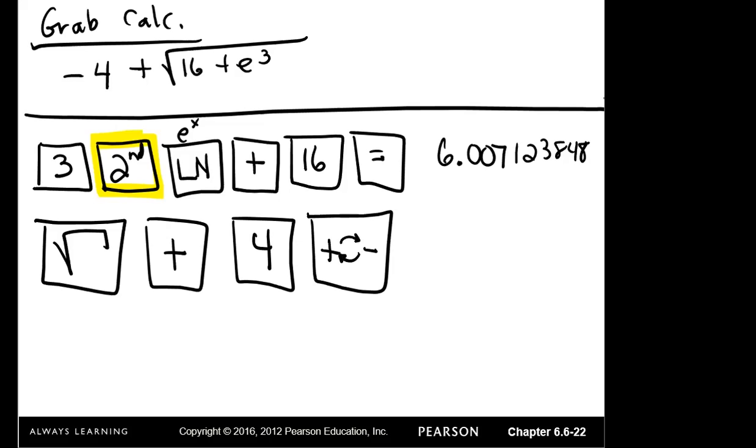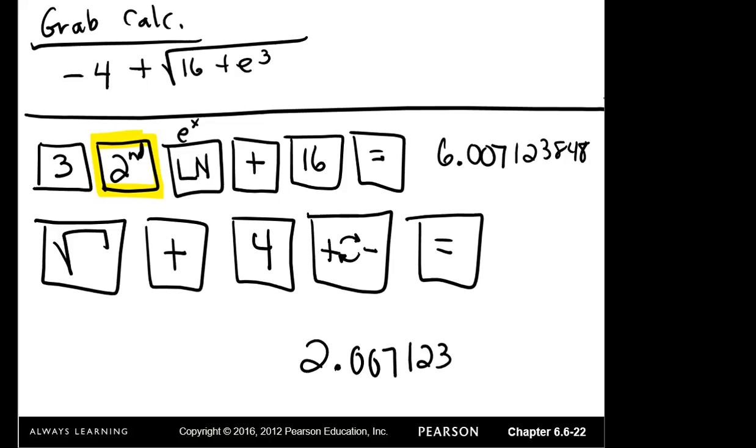That puts the negative on the 4. Then you hit the equal sign one more time, and now you should see 2.007123848.